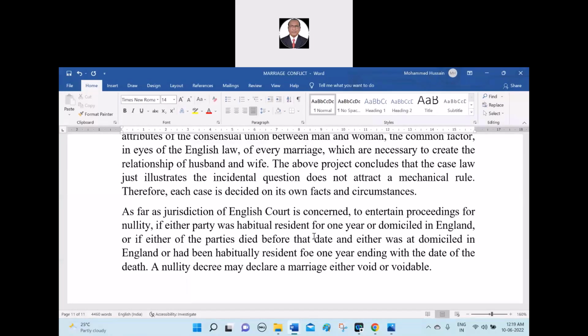If it is immovable property, what is the choice of law? Anyone? The place where the property is situated. Right, sir. Where the property is situated, that country's law would be applied.